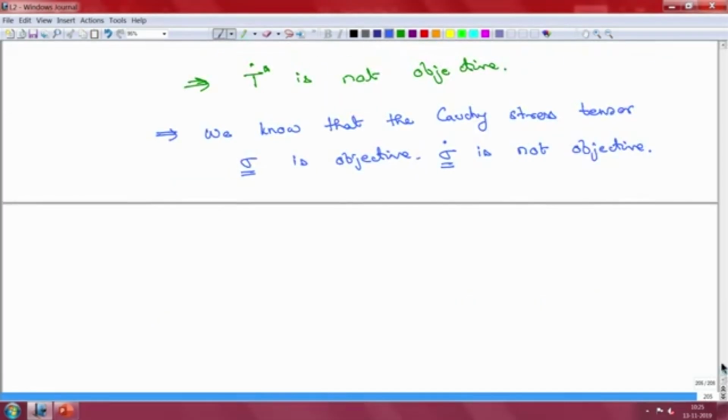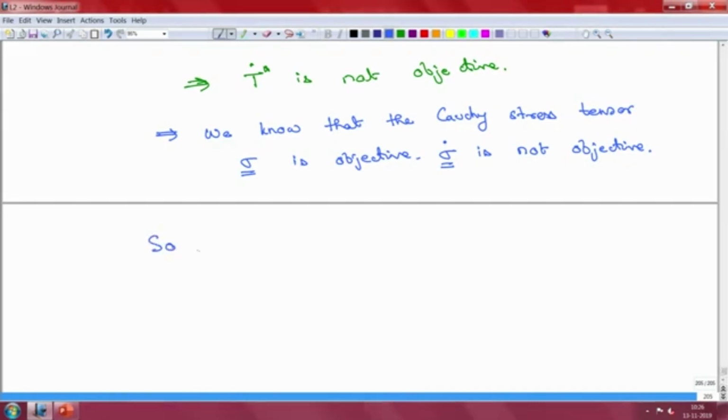Similarly, we also saw that the original governing equation had an epsilon dot term, right. And what happens is that the gradient of the velocity field is also not objective. Okay. We are going to skip some of those calculations. So, I will just mention that, and we are going to today just look at the consequence of all this.